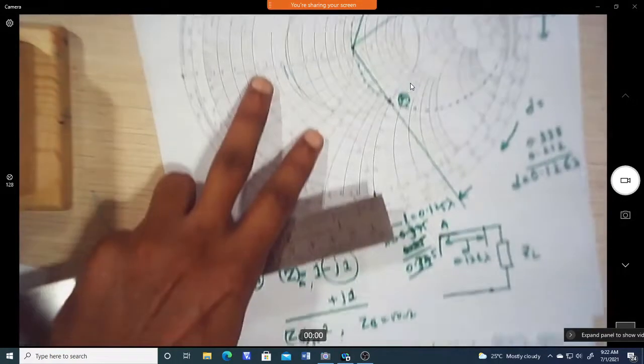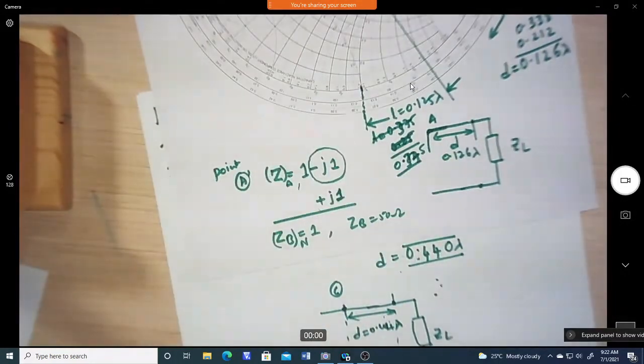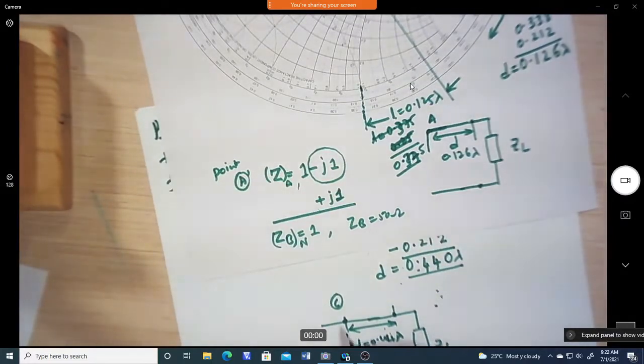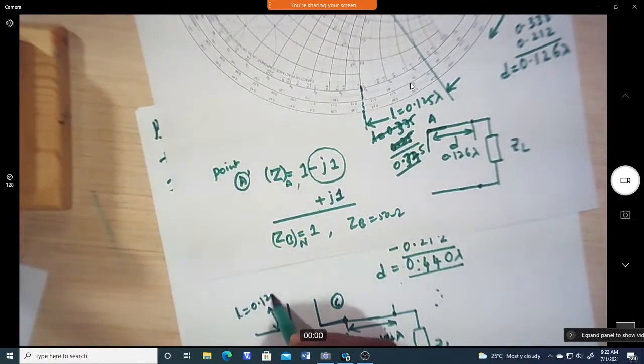So that is the length of the stub, which is equal to 0.125 lambda. So now we can connect at this point a series open circuited stub with the length of 0.125 lambda, so that we are going to match the value.